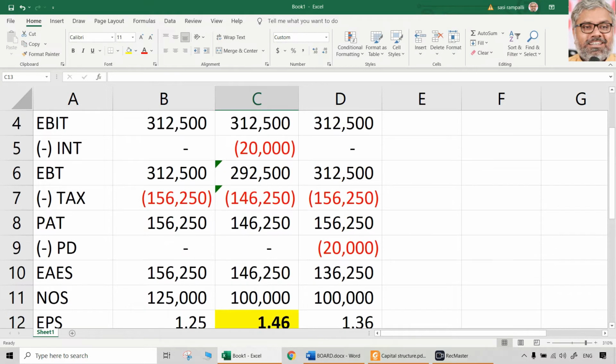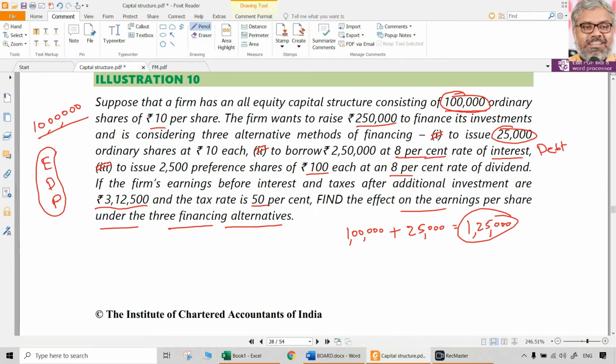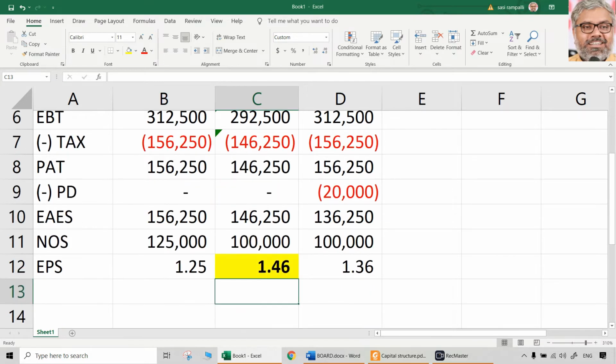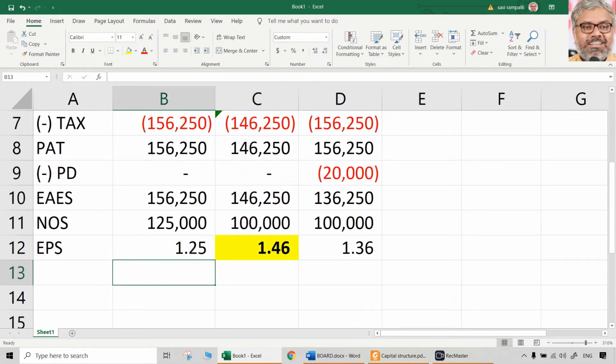Because again, the cheaper cost of debt was only 8%. That too, it has a tax benefit. So the return to the equity shareholders will be more when the company uses financial leverage. That is a common principle, and that can be shown here with example wherein debt financing has given more EPS.